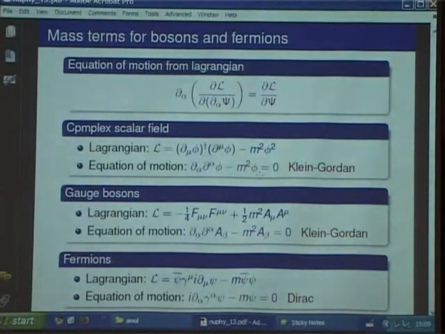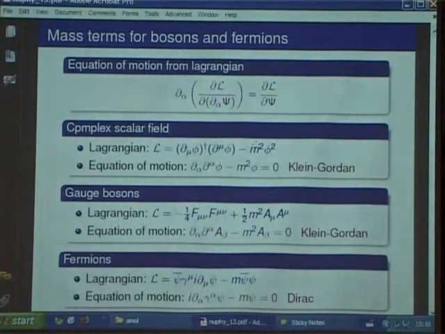Therefore, if you want to find the mass of a scalar field, you look at the Lagrangian and at the coefficient of phi squared. That term is minus m squared. This is how we find the mass of a scalar field, and it always works for normal scalar fields.